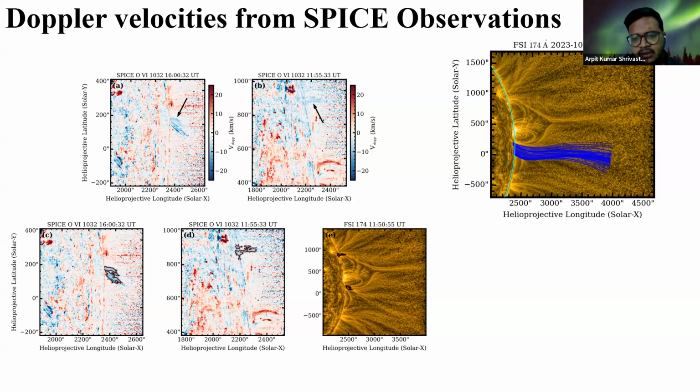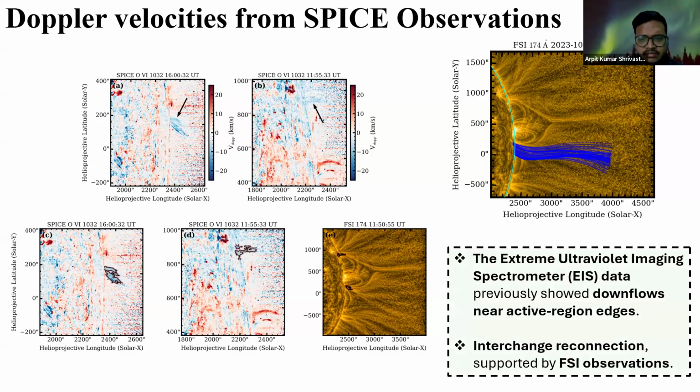There are previous observations from EIS which have shown downflows near active region edges, and if they correspond to downflows, interchange reconnection, seen in FSI observations, which I will show in the next slide, will explain these downflows as well. So SPICE observations also provide, to some extent, information about the solar wind origin in these large scale structures.